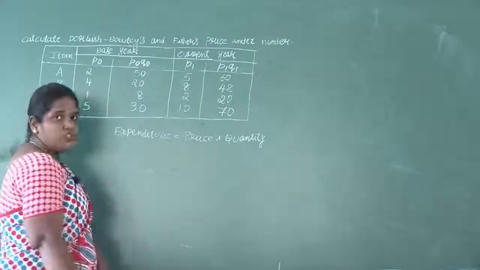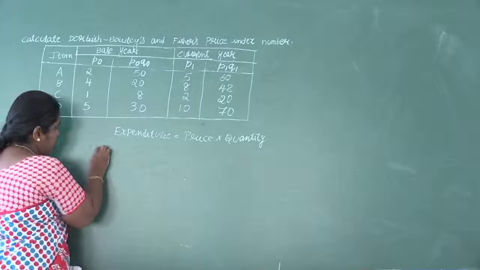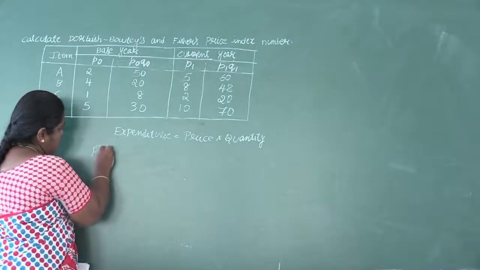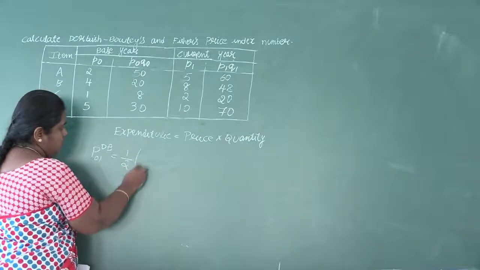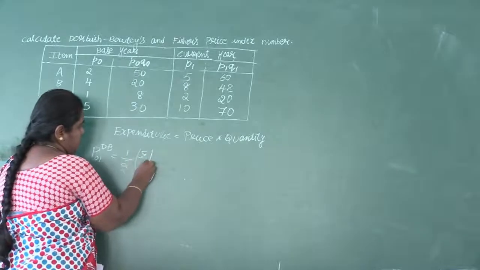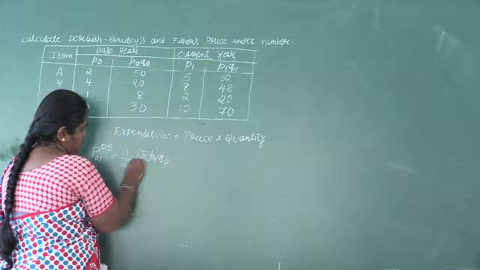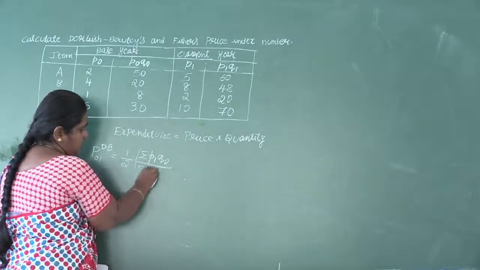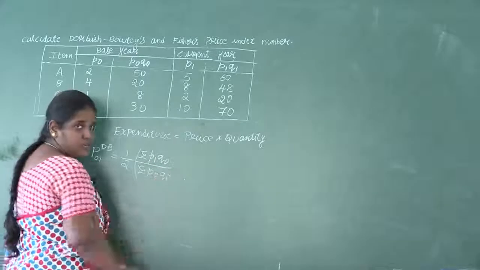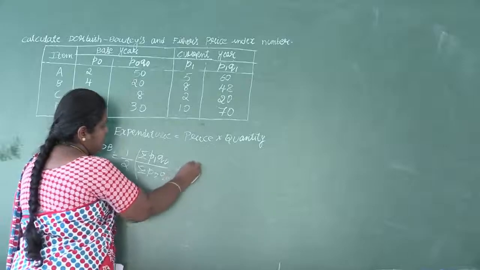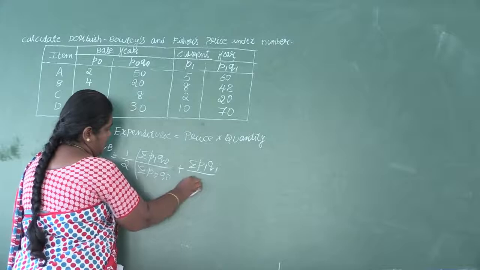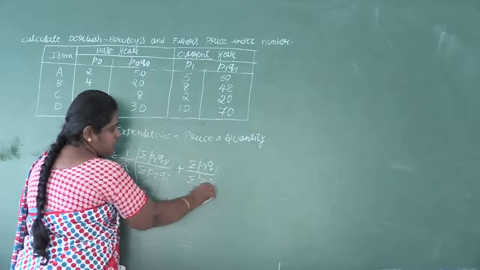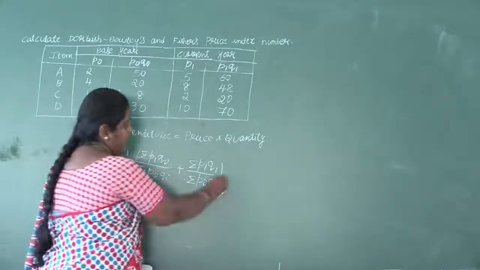It is Dorbish-Bowley's price index number. And what is the formula? P01 DB equals 1 by 2 into sigma P1 Q0 divided by sigma P0 Q0 plus sigma P1 Q1 divided by sigma P0 Q1, into 100.